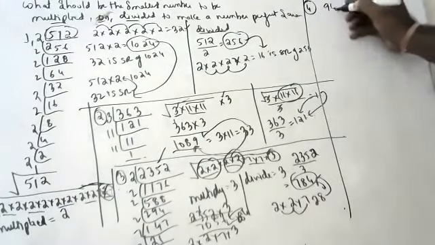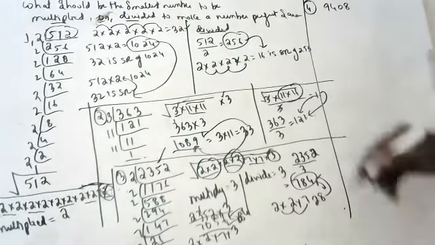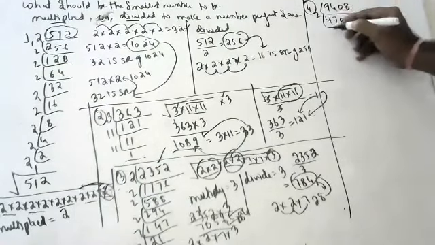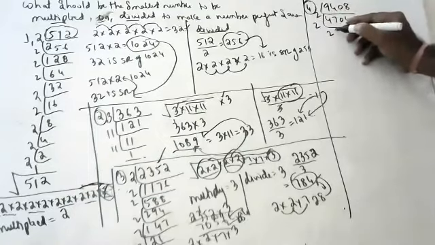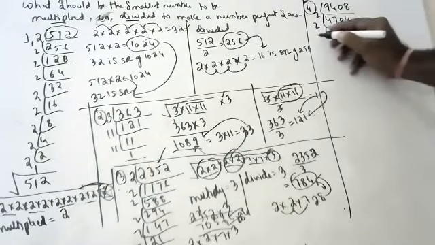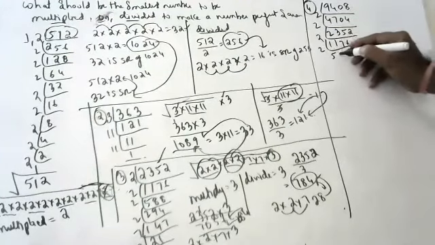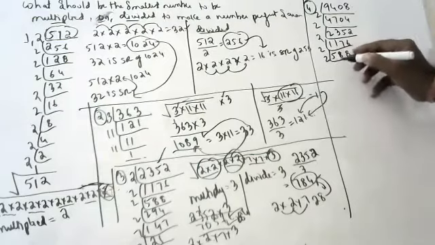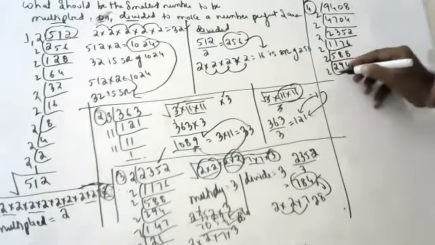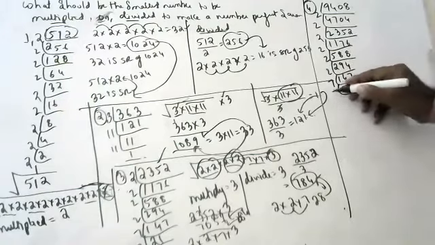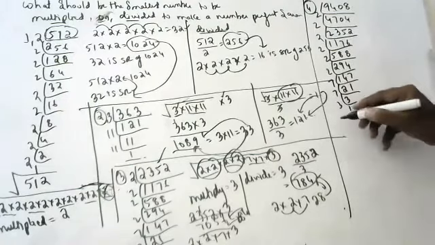9408. Surya, tell me the prime factorization of 9408. 2 4s are 8, 7s are... 2 2s are... 2 2s are 4... 2 4s are 8... 7 1s are 7, 3 3s are 9, 1 7.